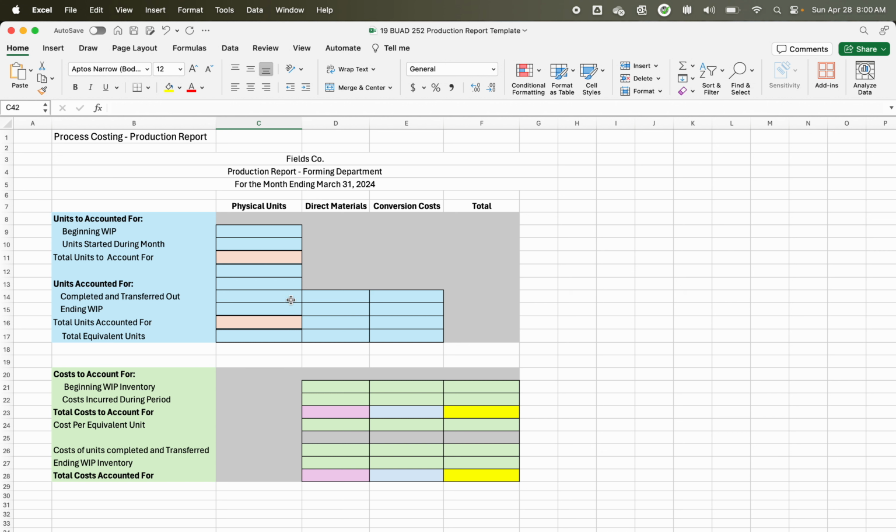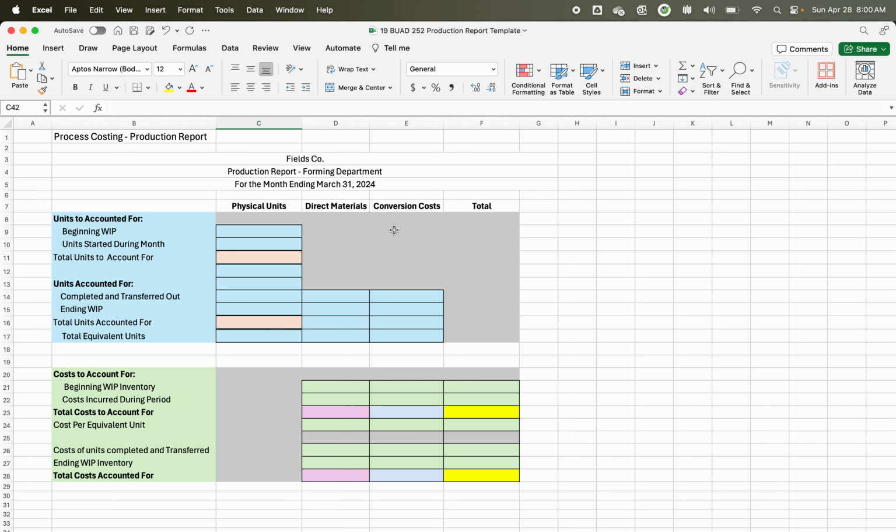Then I transferred some out, and then I have some left over. So this report helps you keep track of what your direct materials are and your conversion costs going in and out of each department during the month or the period or whatever you're keeping track of.